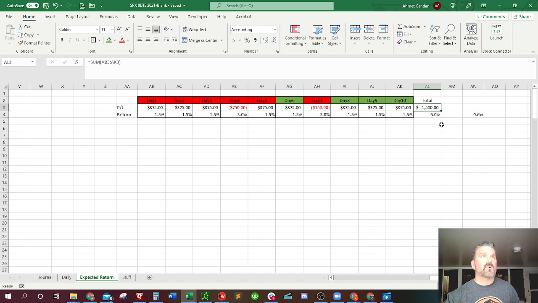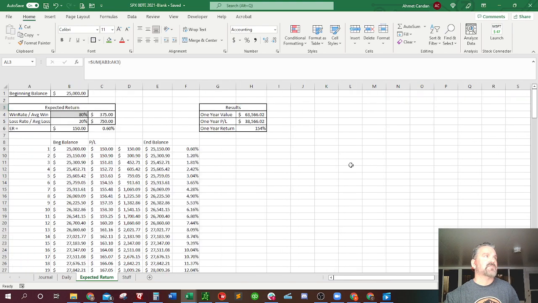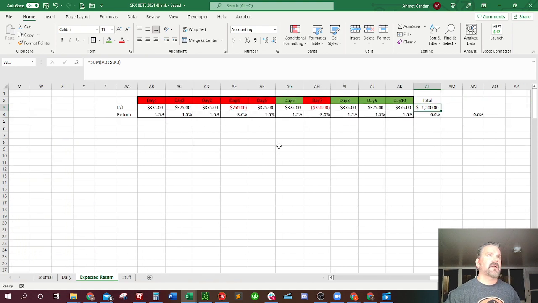That gives me my total of $1,500, and that's what I said I would get after 10 days, right? Because $150 per day after 10 days, I should expect $1,500. Well, this is a good visual of how we got to that $1,500.